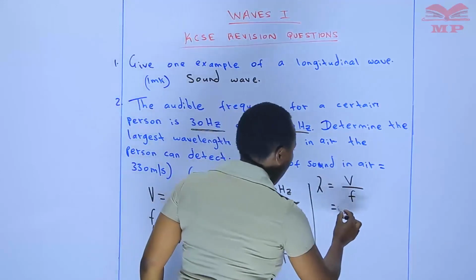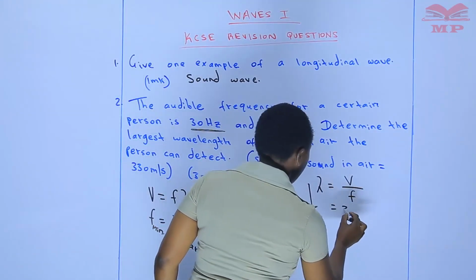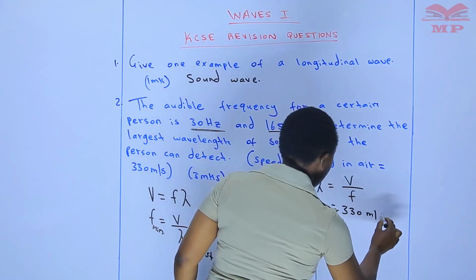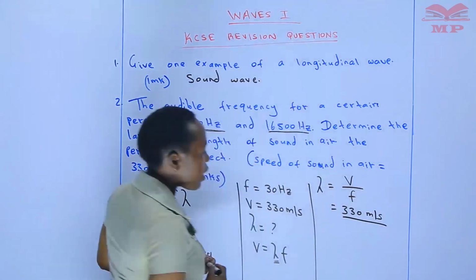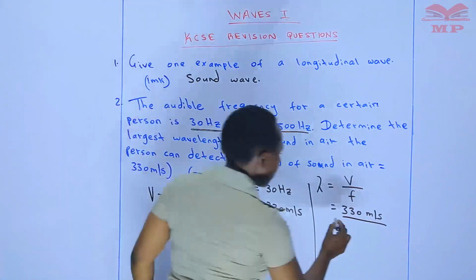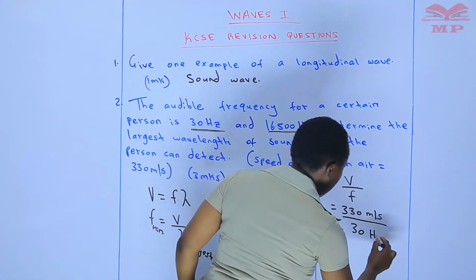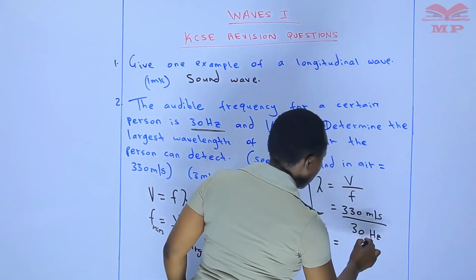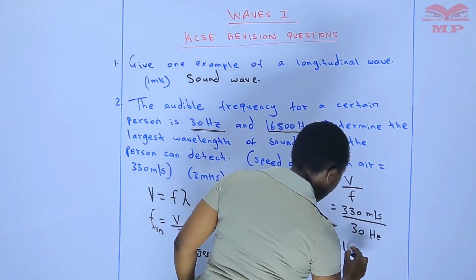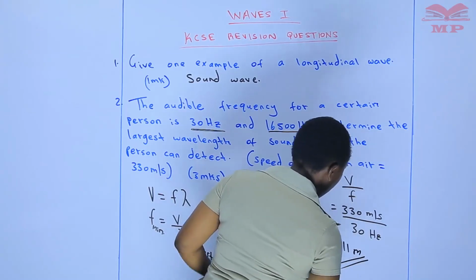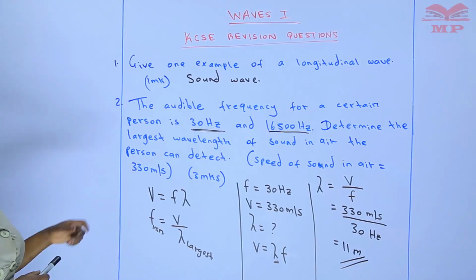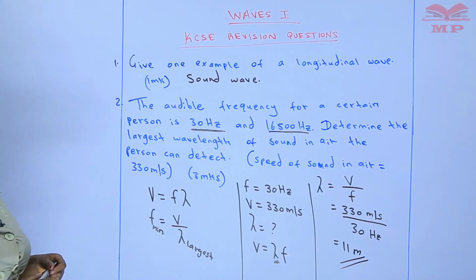So we have 330 meters per second divided by the smaller frequency, which is 30 Hertz. So when we divide this, we can cancel the 0 and the 0, 33 over 3, we get 11 meters. So that will be our largest wavelength that the person can detect.